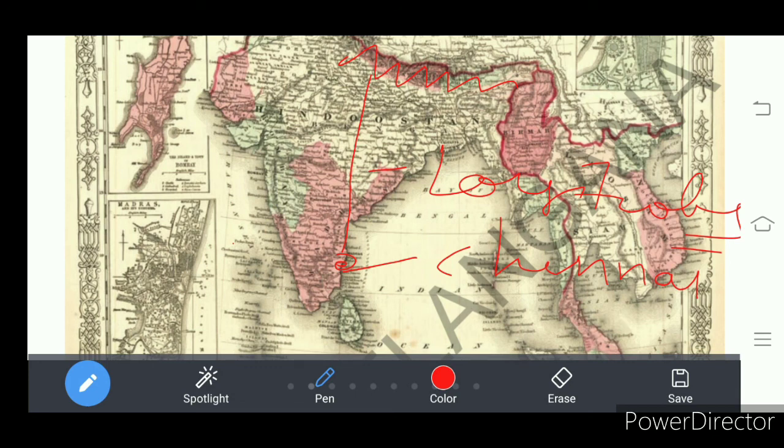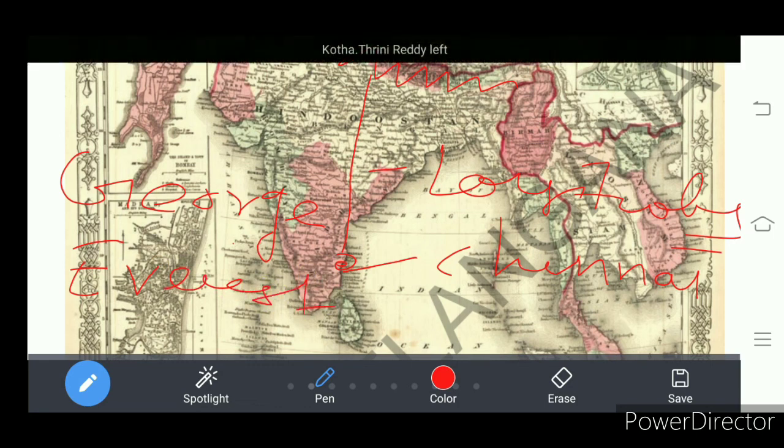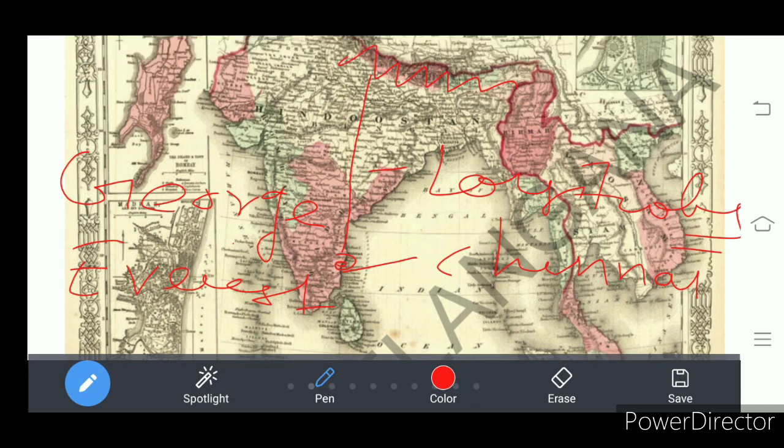This survey was started by William Lambton, but it was completed by George Everest. As George Everest completed this survey, his name is given to Mount Everest, which is the highest peak in the world. That peak got the name Everest for the services of George Everest.